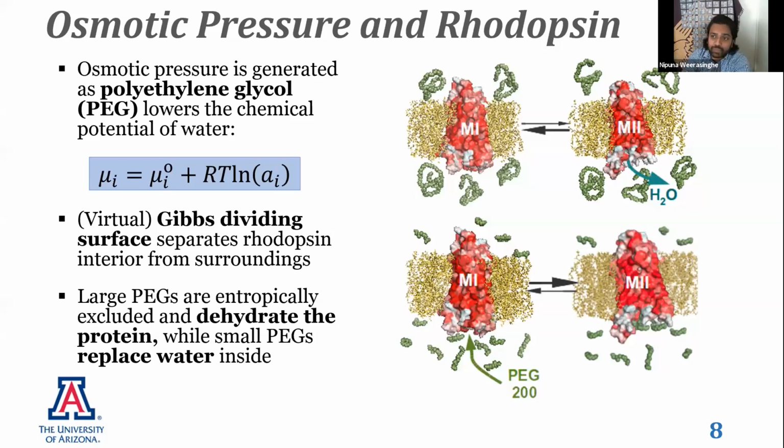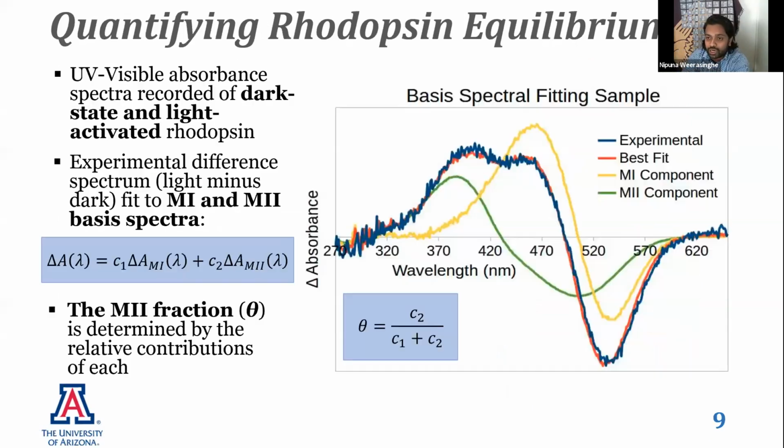So to determine the M1 to M2 equilibrium constant, we use UV spectroscopy and first obtain the absorbance spectra of the dark state rhodopsin.